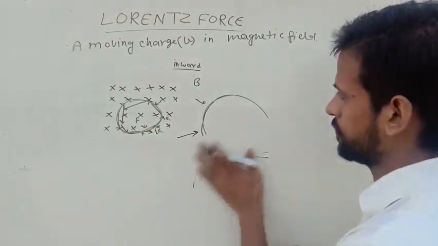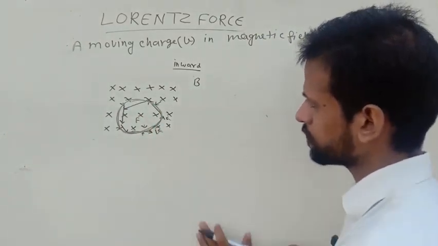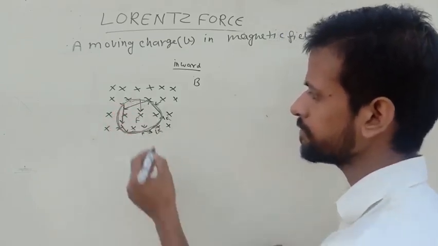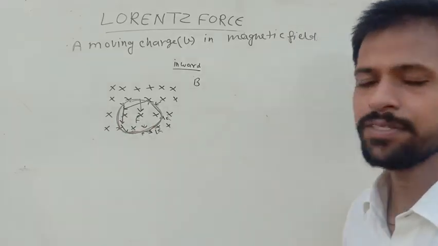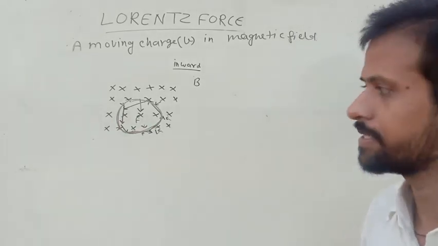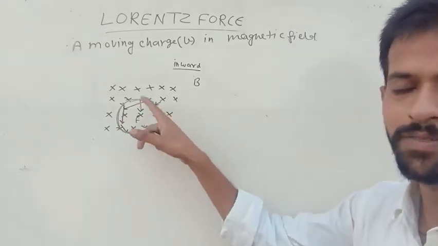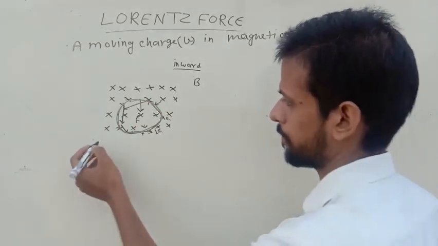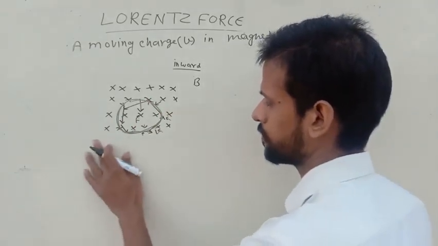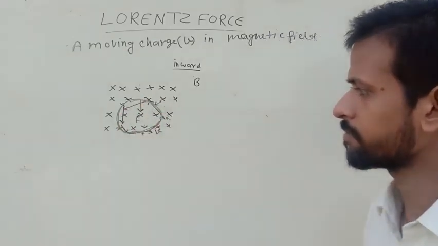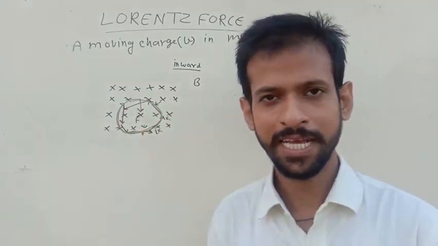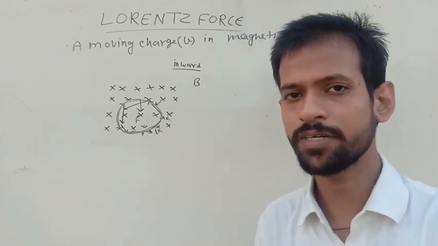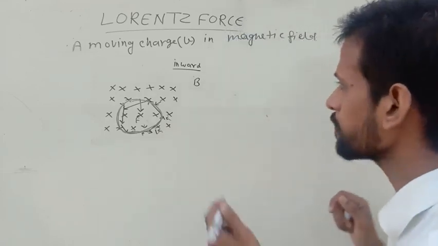If it performs circular motion, then a centripetal force acts towards the center of this path. We know that the magnetic force provides the centripetal force for this circular motion, so we can say that the magnetic force is equal to the centripetal force.